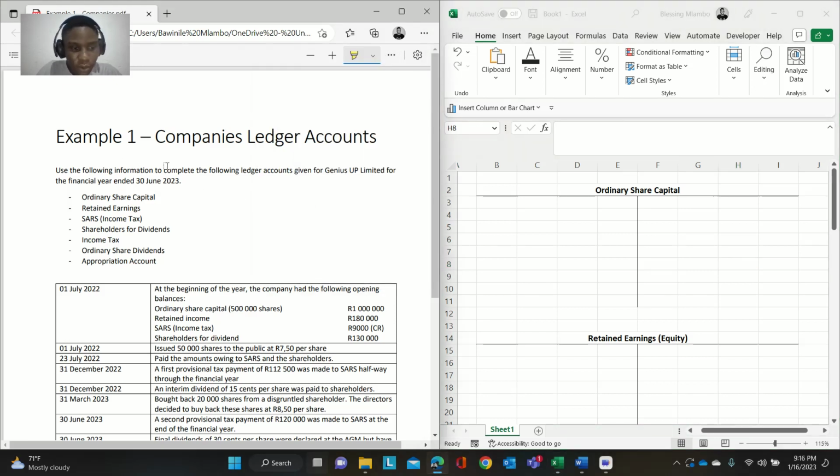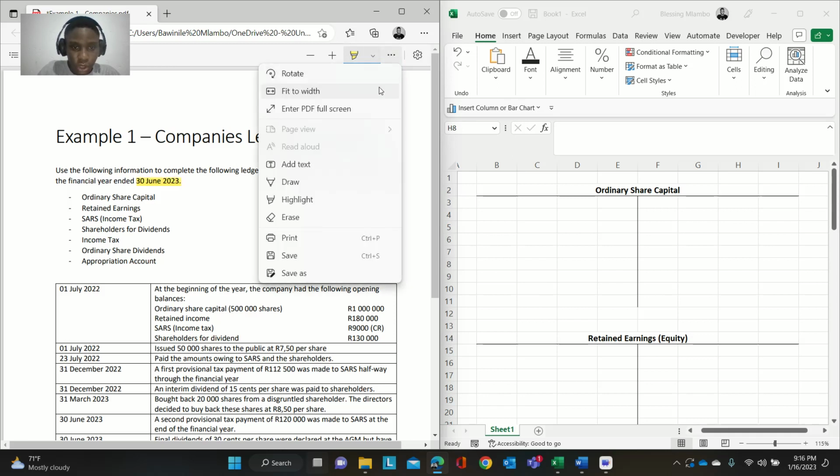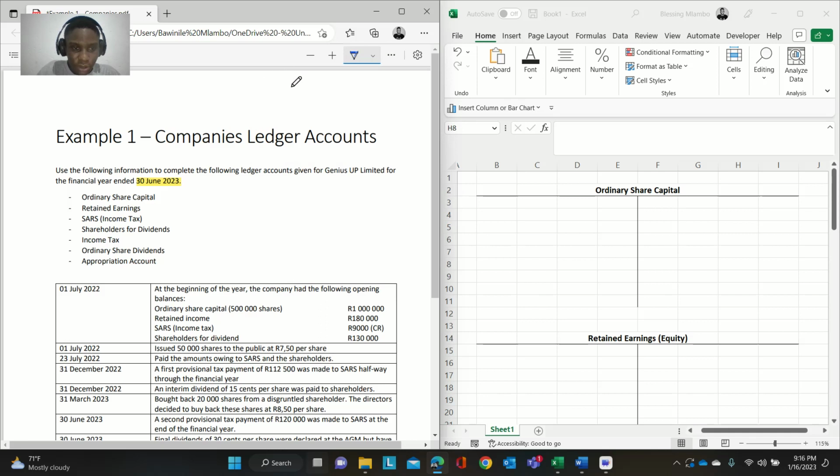So they say use the following information to complete the following ledger accounts given for Genius App Limited for the financial year ended 30 June 2023. So now you already know that your financial year ends 30 June 2023, meaning that it started on the 1st of July 2022.